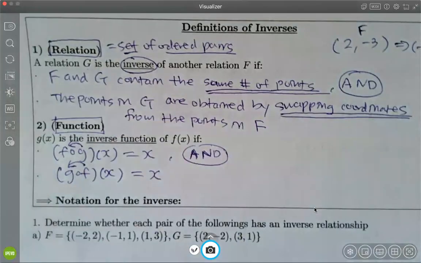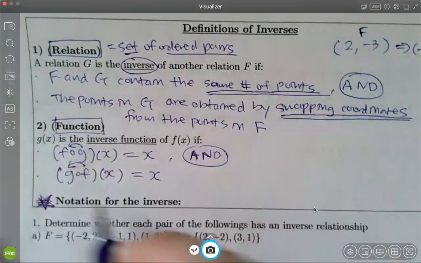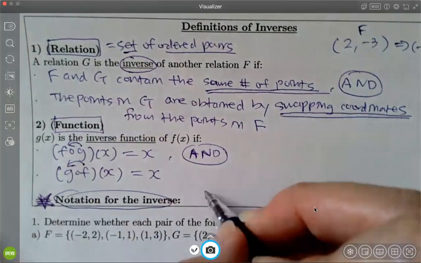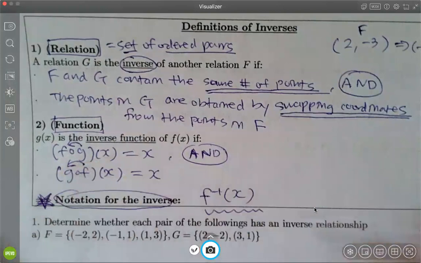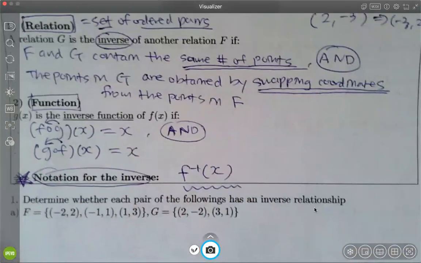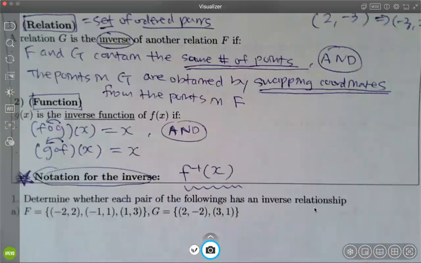Now, there is a special notation for the inverse function. And the notation for the inverse function is this. Has anyone seen this notation before? F with superscript -1. Okay, no one.